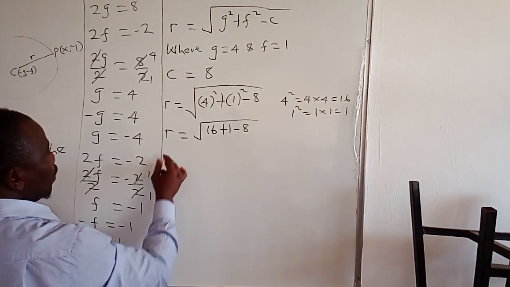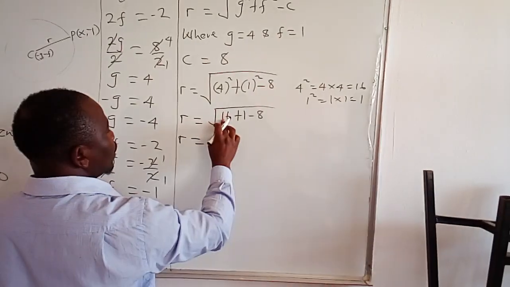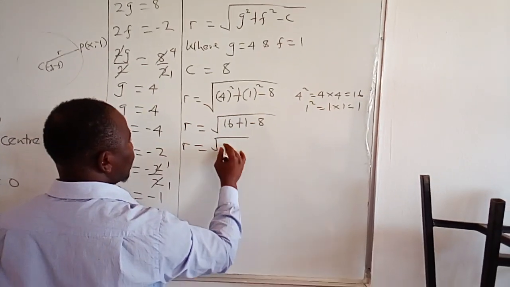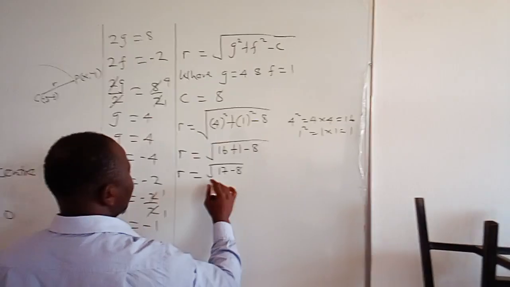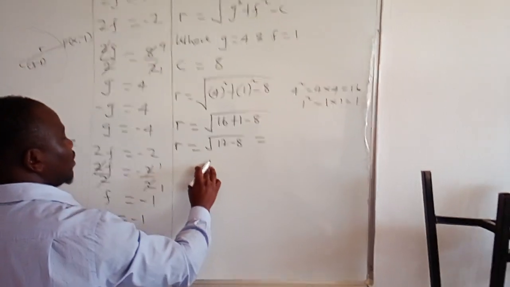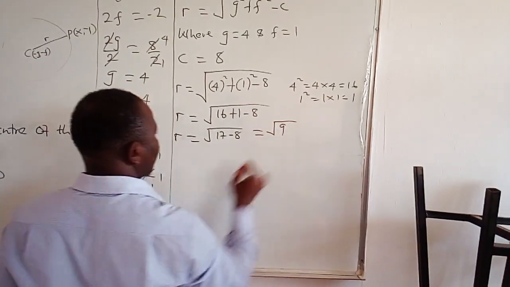So our r is equal to the square root of 16 plus 1, which gives us 17 minus 8. Then 17 minus 8 will definitely give us 9.